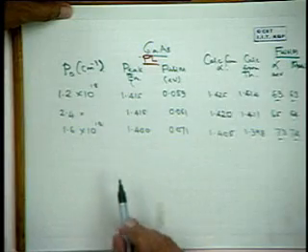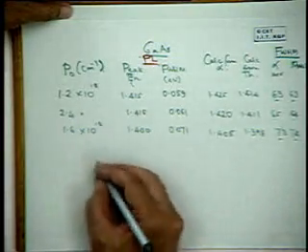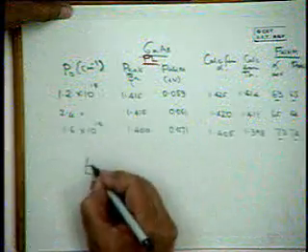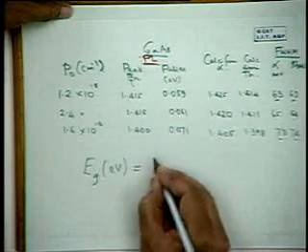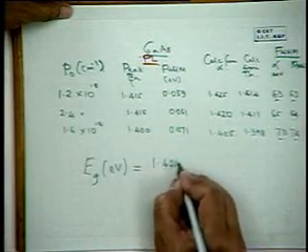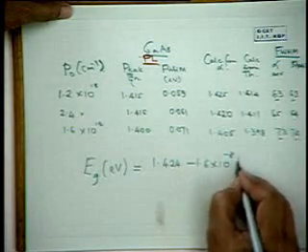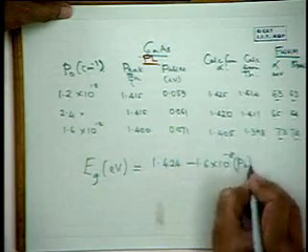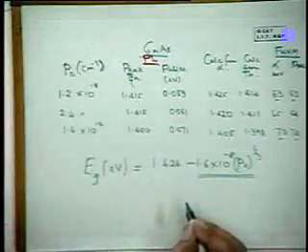the half width. And from this data, for example, one can show that in gallium arsenide, the band gap due to heavy doping is given by a relatively simple relation: 1.424 minus 1.6 into 10 to the power minus 8 P0 to the power 1/3. This is band gap narrowing.